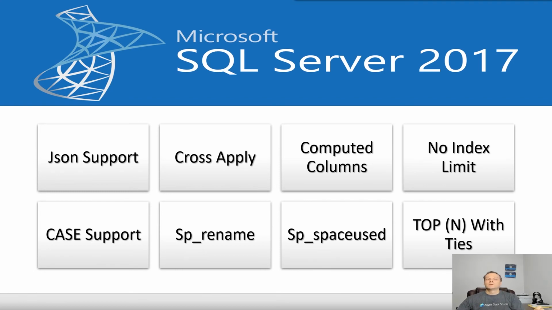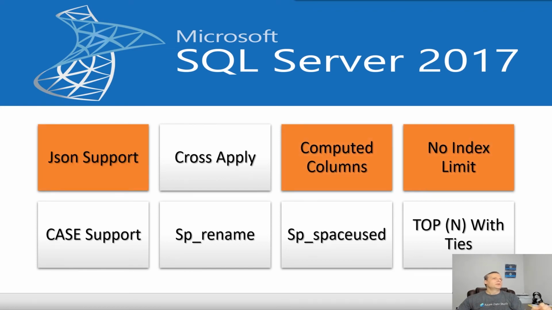So SQL Server 2017 was great for devs for sure because there were many features. The trick here is when you combine some of those, you end up with really interesting things, especially with the JSON support, computed columns, and no index limit in memory tables. That almost gives you one of the really powerful cache servers.